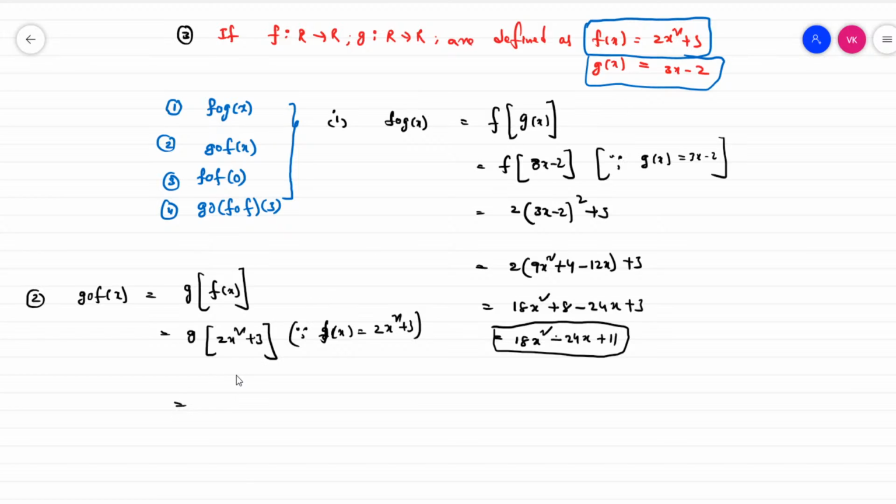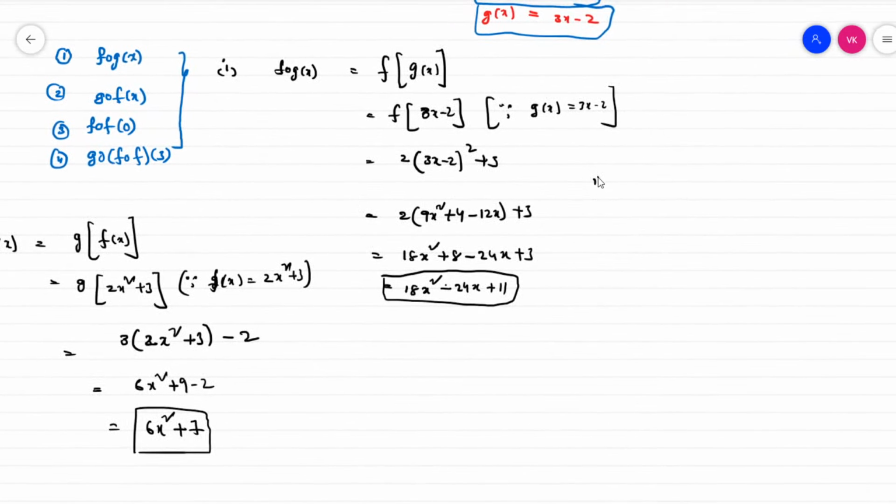We know that g of x is equal to 3x minus 2, so we can write 3 of 2x square plus 3 minus 2. Now simplify. Here 6x square plus 9 minus 2, we can write as 6x square plus 7. This is the answer. Now go for the third one.